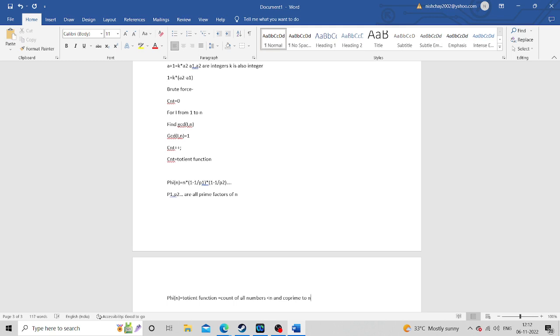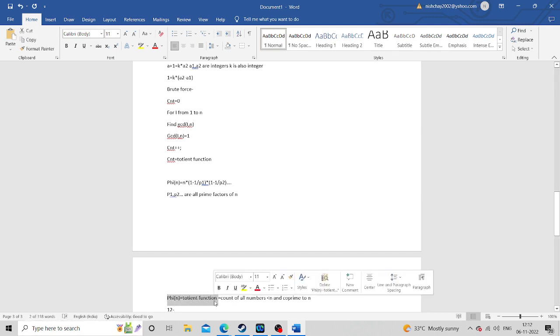So let's say your n is equal to 12. You count all the numbers that are co-prime to it. 2 is co-prime? No. 3 is co-prime? No. You know what a co-prime number is, right? So if I give you n equal to 12, how many numbers would there be which are less than 12 and co-prime to 12? That count of numbers would be given by this totient function. Is this clear?